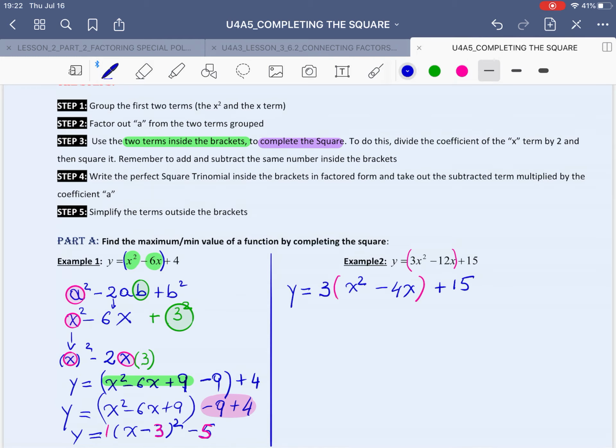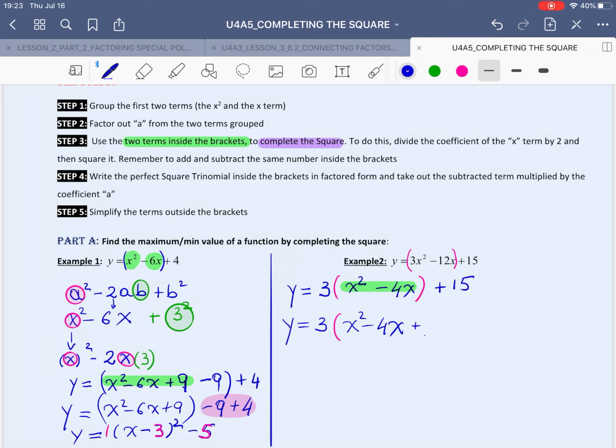Now, next step, use the two terms inside the brackets. So where are the terms inside the brackets? Well, they're right here. Use these terms inside brackets to complete the square. Okay, I kind of know how to do this now. So I'm going to write y equals 3, and I'm going to write what I have first, which is x squared minus 4x.